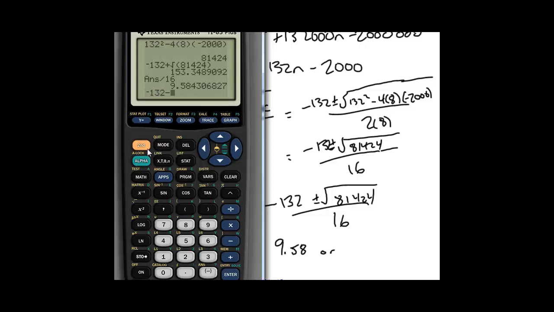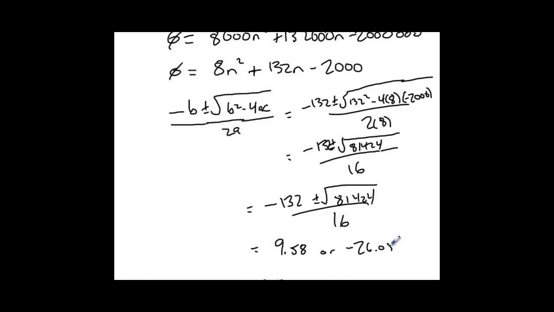So go negative 132 minus the square root of 81424. Then divide by 16. And I got negative 26.08. We learned a term in the last unit then. It's called an extraneous answer. And it does not make sense to have a negative time value.